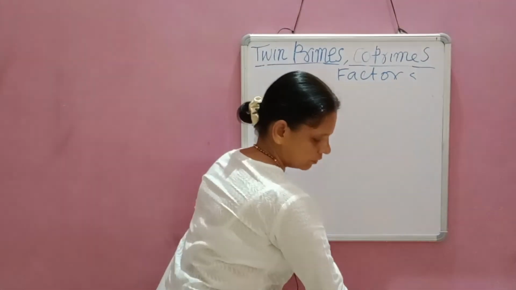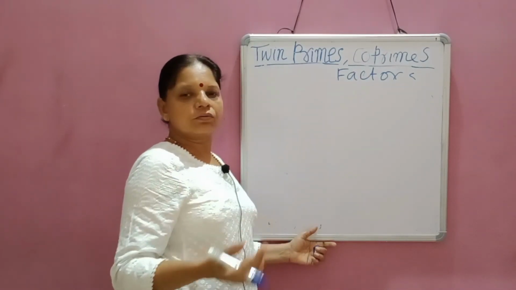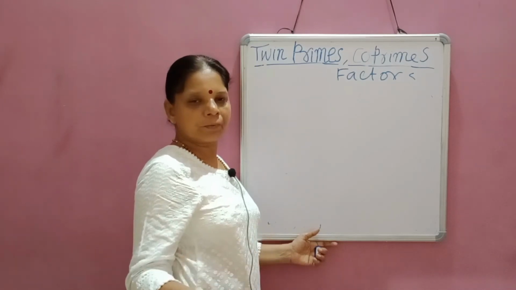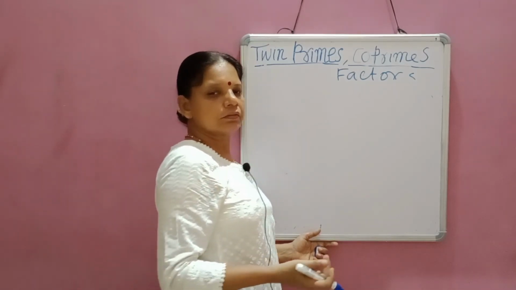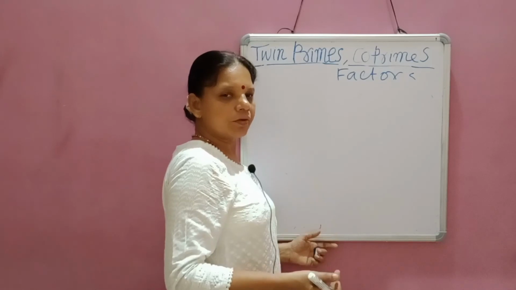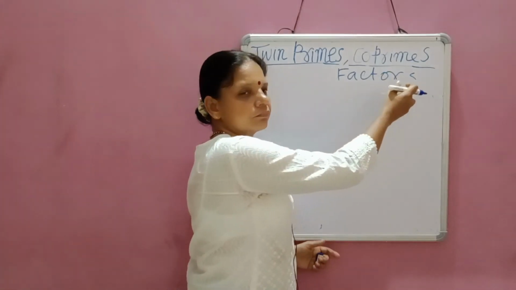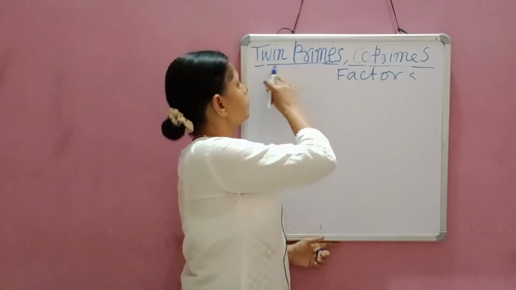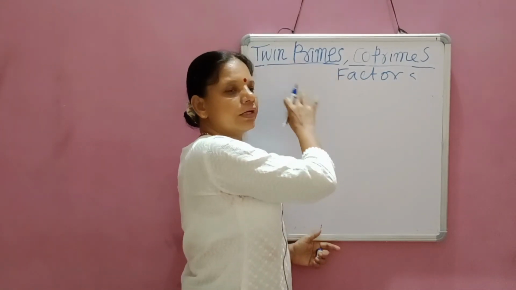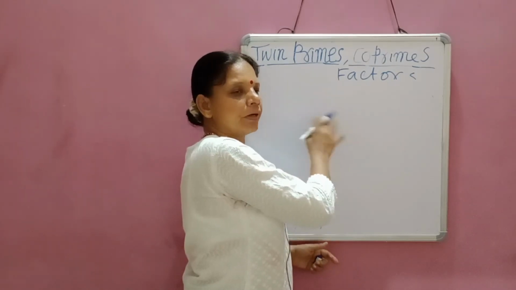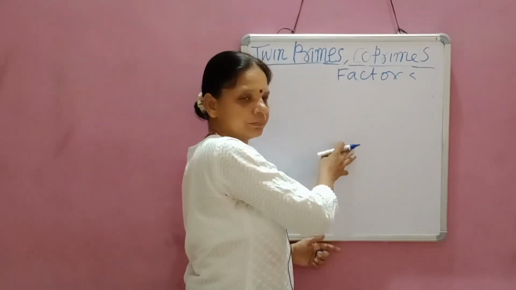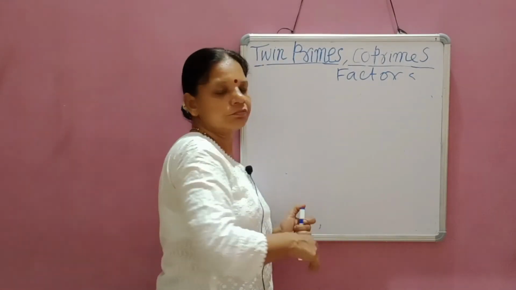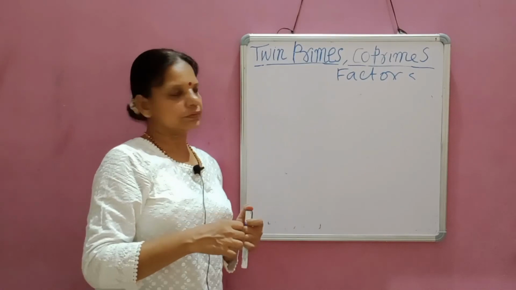Any 2 prime numbers can also be coprimes, but it is not necessary that only prime numbers are coprime, composite numbers are also coprime. Whereas in twin primes, we have to consider only pairs of prime numbers. Clear? These are the two different types of pairs of numbers.